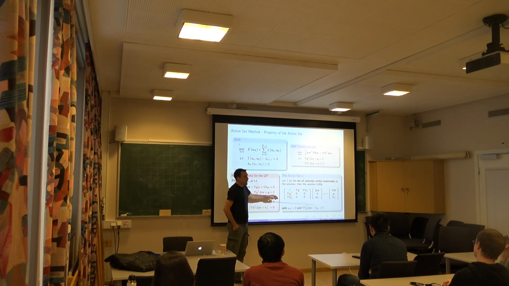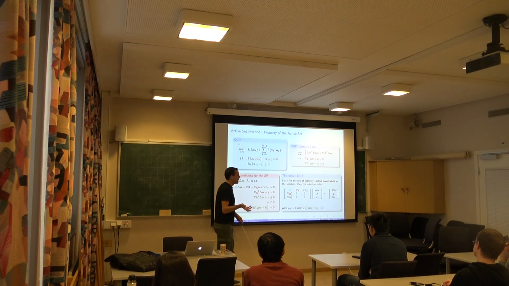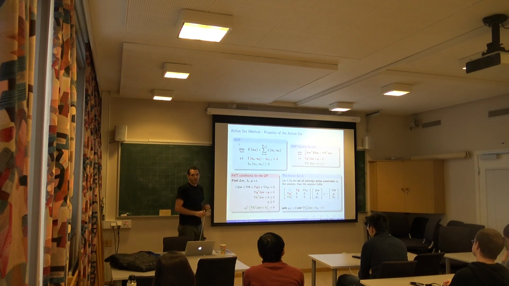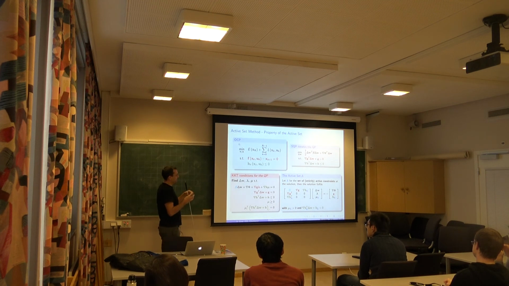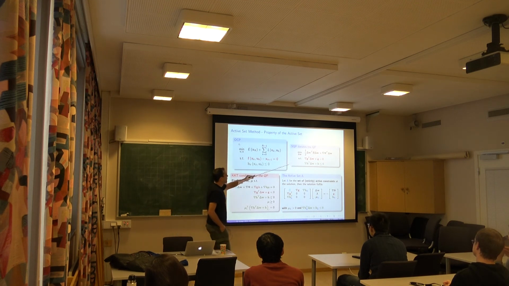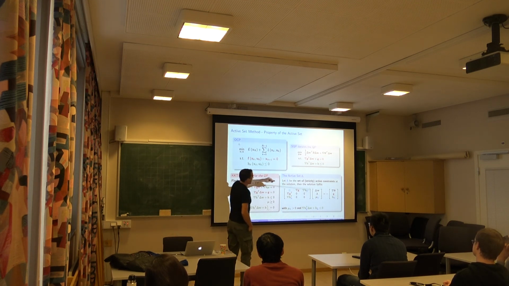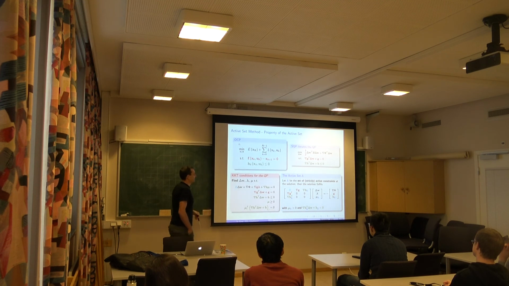And I know that the mu A bars, the inactive mu's, are 0. So I can basically know all my variables from that. Does it make sense? So if I know A, I can form that system, compute my solution, and the QP is solved, right? I have found the delta W's and also the mu's and lambdas that satisfy my KKT conditions.